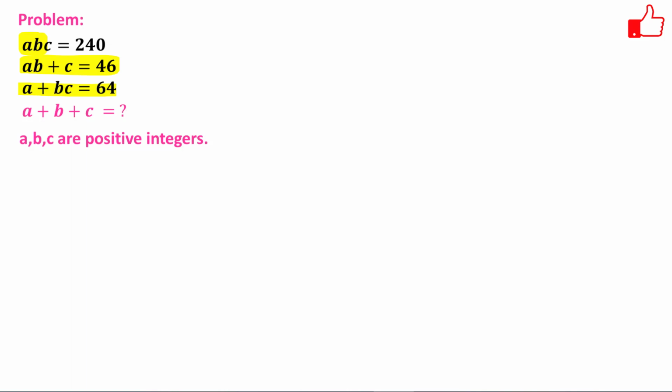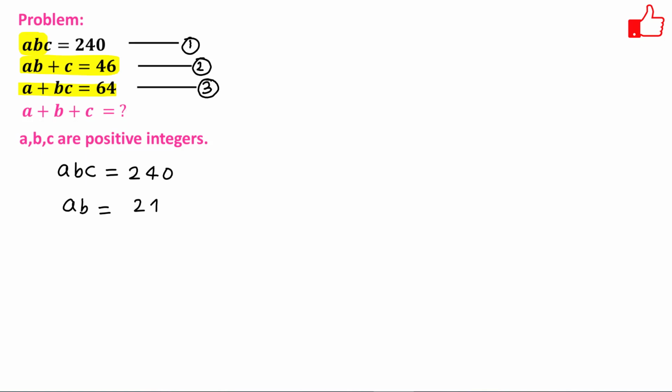So let us call this equation 1, this equation 2 and this is equation 3. So from equation 1 you can say ABC equals 240. This means AB equals 240 divided by C. Now let us plug this value in equation 2.